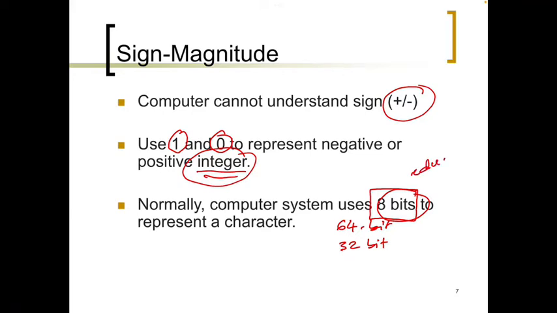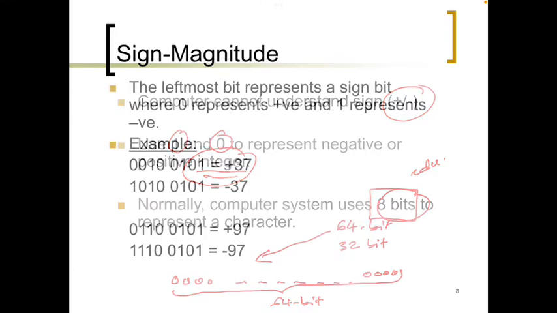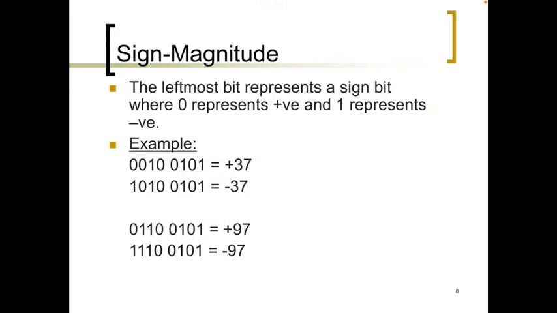Because if you want to use 64 bits, then our bits here will be 64 bits. So it's better if we use 8 bits instead of 64 or 32 bits. So we will see more information about sign magnitude after this. So what is the sign magnitude technique?